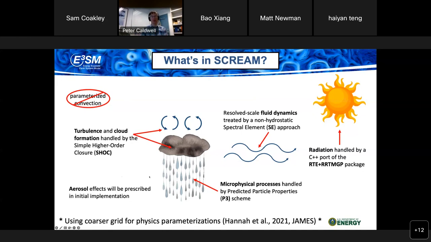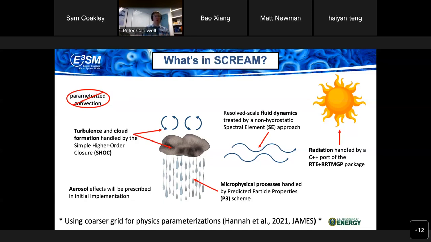Aerosol is just prescribed in the initial implementation. There's a separate project to implement a prognostic aerosol scheme. We're using a non-hydrostatic spectral element version of fluid dynamics, which is just an extension of what E3SM has been using since the beginning. And an interesting wrinkle there is that we have spectral elements for doing our dynamics, but it's more efficient to use a finite volume grid for doing your physics parameterizations.